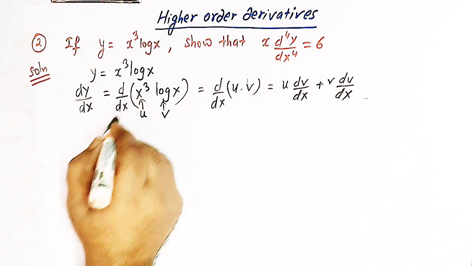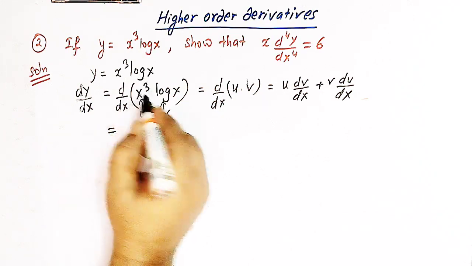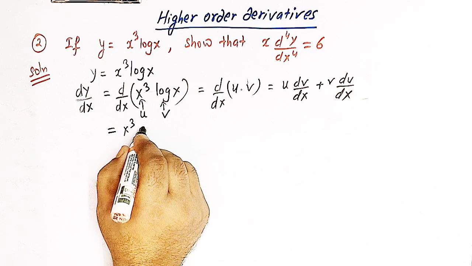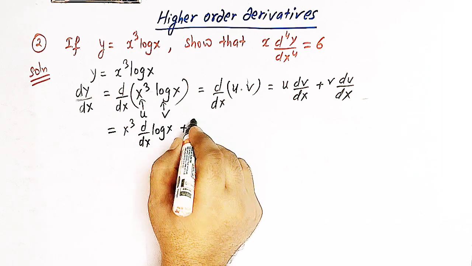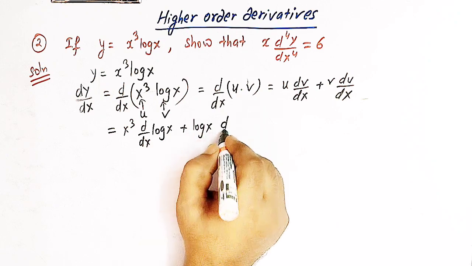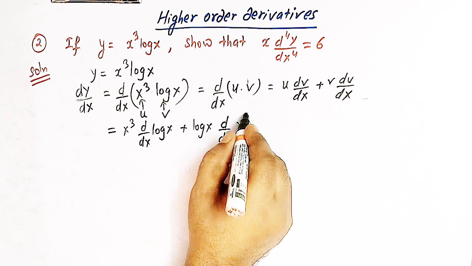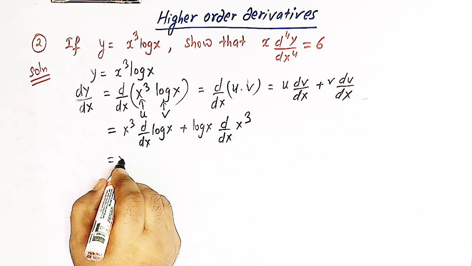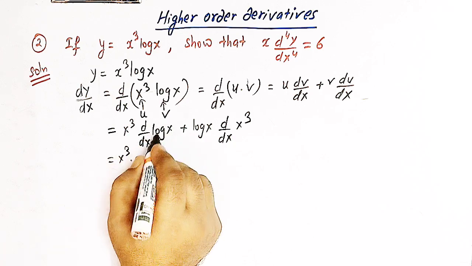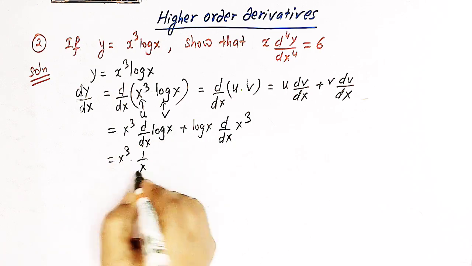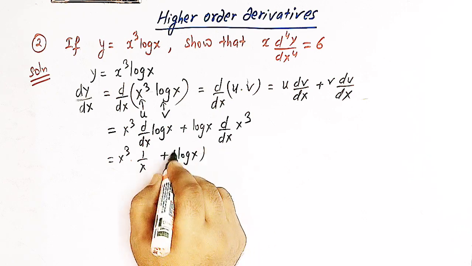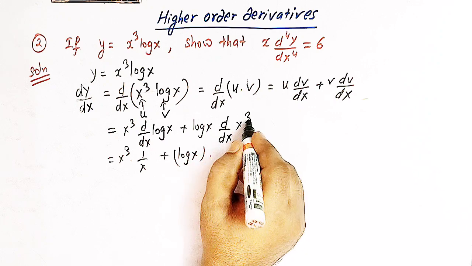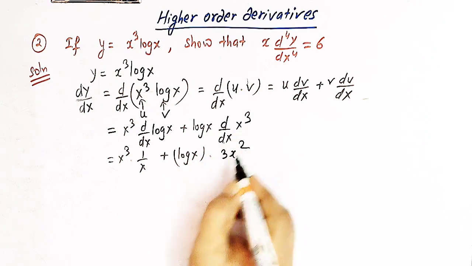Okay, so here we have u as x cube, so we have x cube, then the derivative of log x, and then we have log x and the derivative of x cube, right? So this is x cube, the derivative of log x is 1 over x, and here we have log x times the derivative of x cube, which is 3x square.